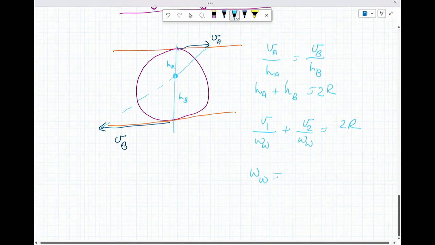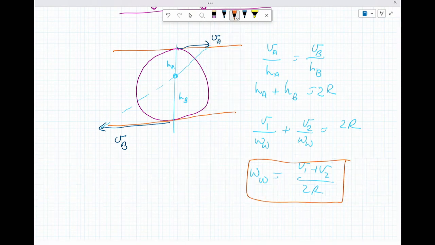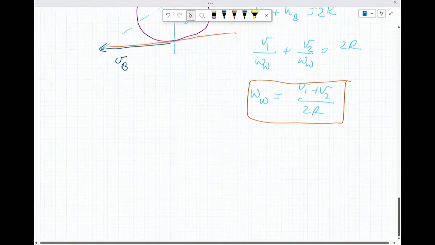Omega wheel is equal to V1 plus V2 over 2R. So in very specific cases, this is really a powerful technique. Applying it everywhere is a really bad idea. Don't do this with everything. But if you got something like this, you can do that. And I end up not doing it with something else, but there you go.